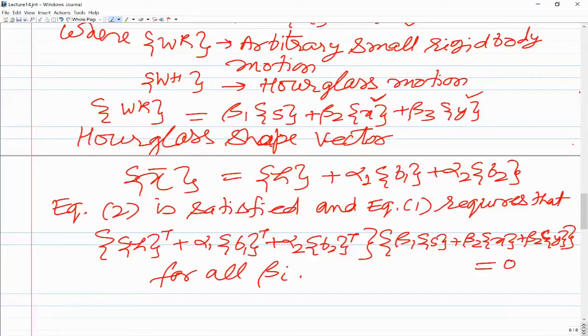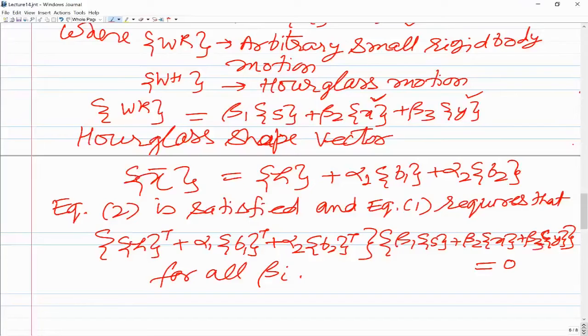So it is orthogonal to rigid body modes. That is what it is denoting. If you multiply all these together, the coefficient of beta 1 should be equal to 0, the coefficient of beta 2 should be equal to 0, and the coefficient of beta 3 should be equal to 0, because it should be true for any arbitrary rigid body motion.